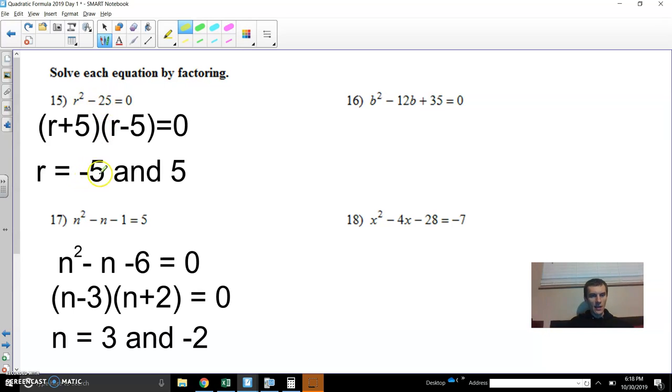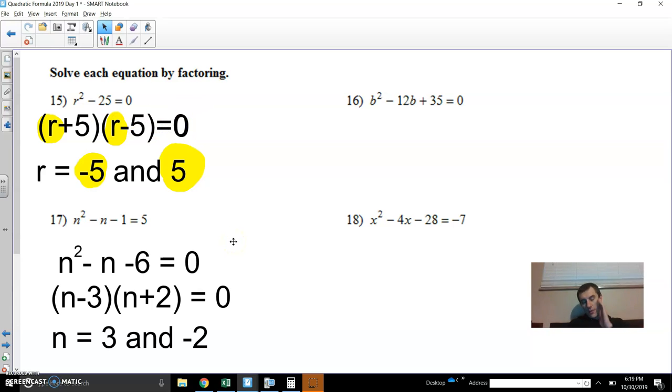Then I can just think, what value for r makes 0? Negative 5 plus 5 is 0. Just like if I plugged in the value 5, 5 minus 5 is also 0. Anytime you make either factor 0, they're multiplying to make the whole problem 0. So that is why factoring can also be another method if you recognize it to be factorable.